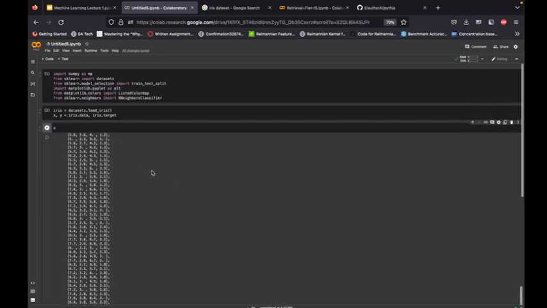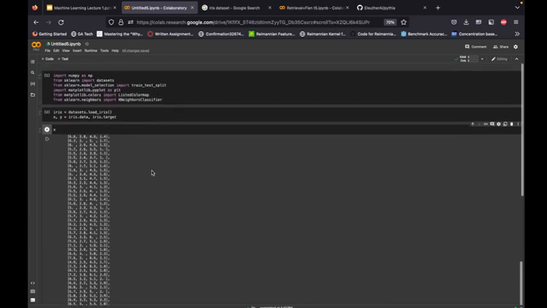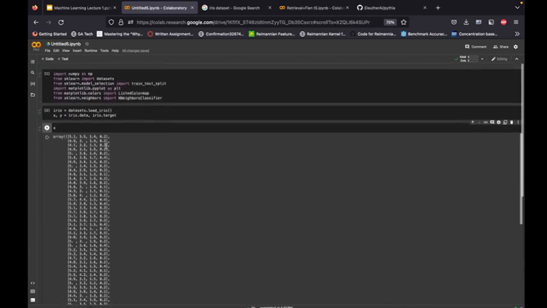If we print out our X, you'll see a huge list of data. Each element within this list is four elements long. Actually, I think it's sepal length, sepal width, petal length, petal width. So those are the four data values that we are given.